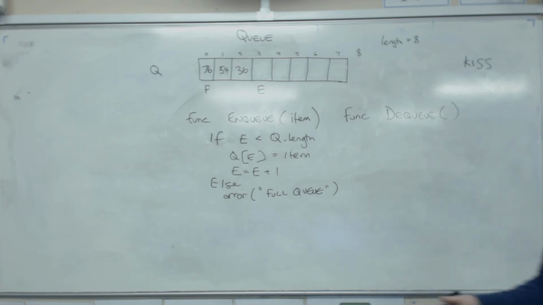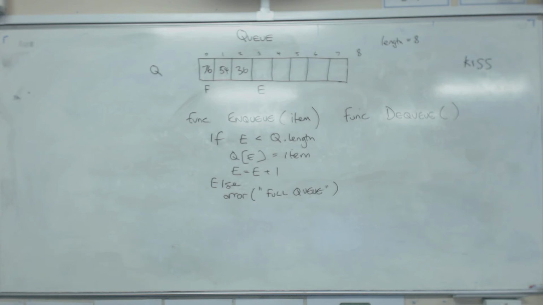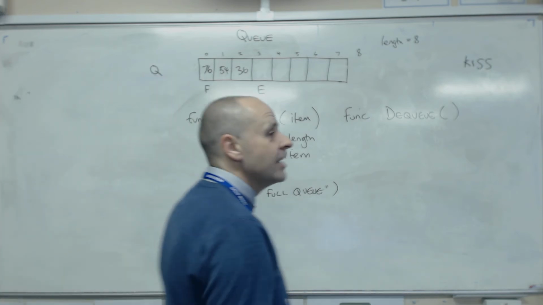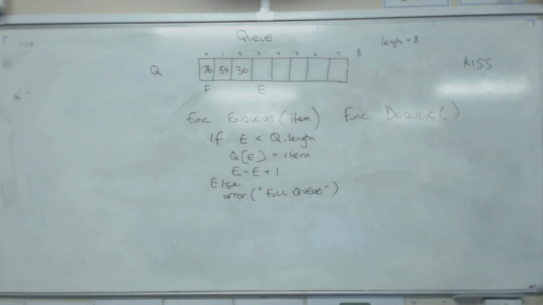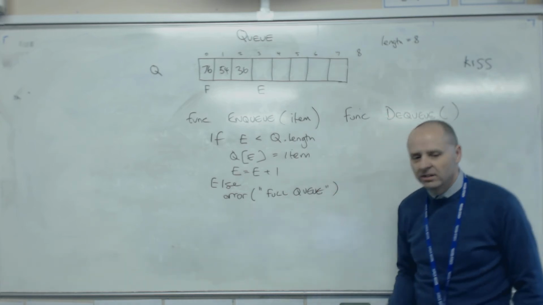Just do it on paper. You're going to have to get used to it. In the exam, they're not going to ask you for actual language code. They're just going to ask you for pseudocode, because they can't dictate what language you study, and the language is irrelevant. It's the algorithmic structure that's important: the selection, the looping.